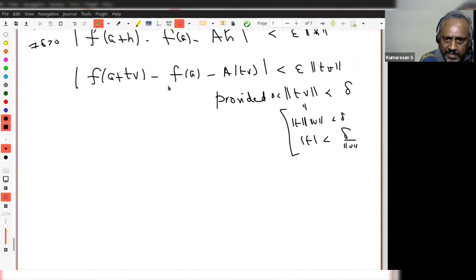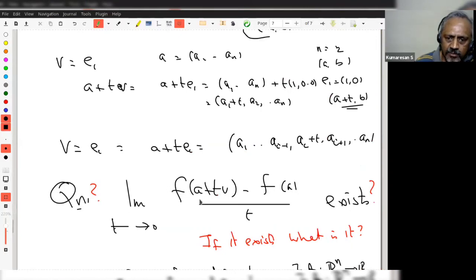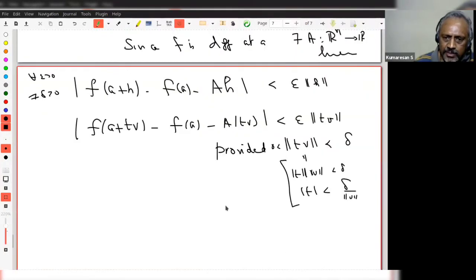But let's rearrange this term here. Notice that I want to say the limit of f of a plus tv minus f of a, by t, exists. So what should I do? I should use the linearity of A here. So A acting on tv, the scalar t comes out. Therefore it is minus t times Av.